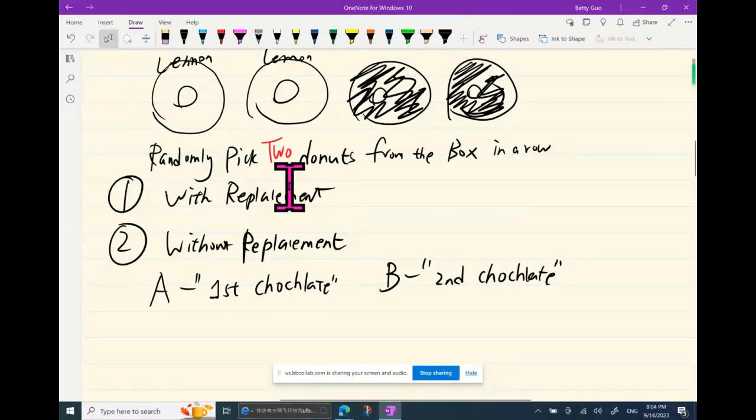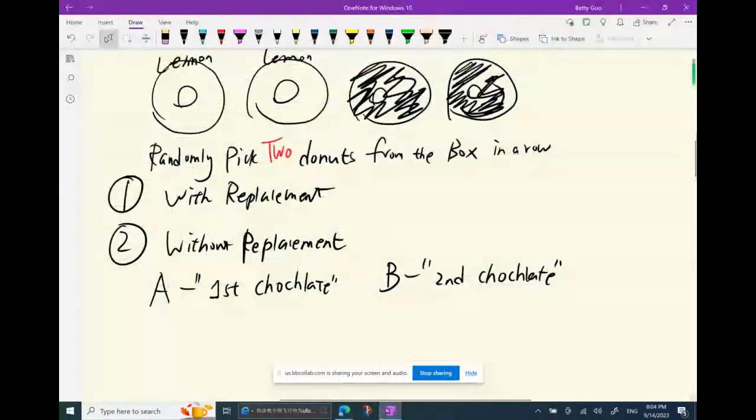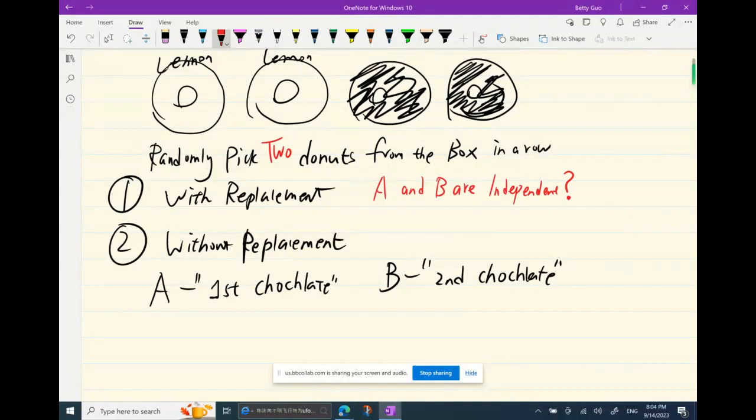We want to determine if A and B are independent in each case. So let's see, are A and B dependent or independent in case 1? What do you think? Do you think A and B are independent in case 1?